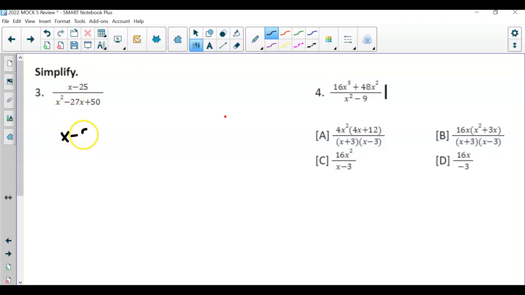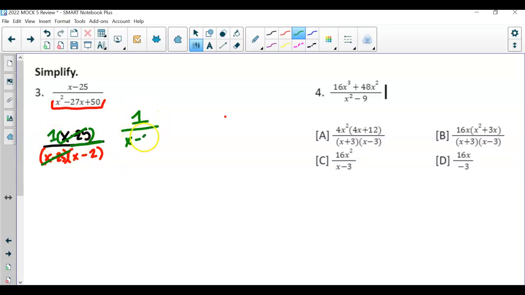But I can factor my denominator. What two factors multiply to get 50 and add to get -27? -25 and -2. Now notice how the x minus 25 cancels out, but you have x minus 2 in the denominator, and so you're left with 1 over x minus 2.